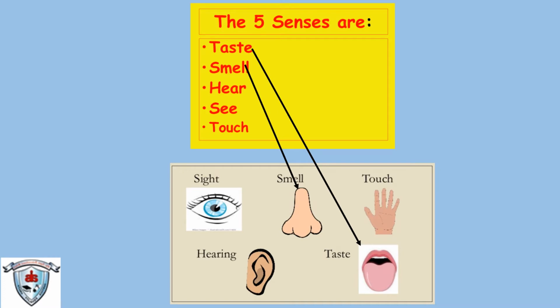Sense of smell, we smell with our nose. Very good. What about sense of hearing? What do we use, children? Yes, we hear with our ears and we see with our eyes. Most of the times we touch with our hands.